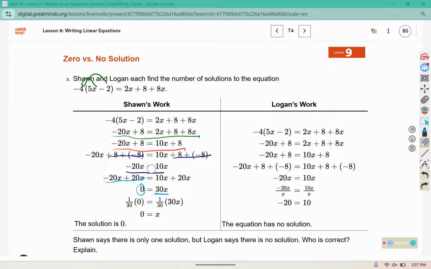If we go back to this row here, we can see the variable terms do not match. And we know that when the variable terms do not match, it has one solution. So that means that Sean is correct.